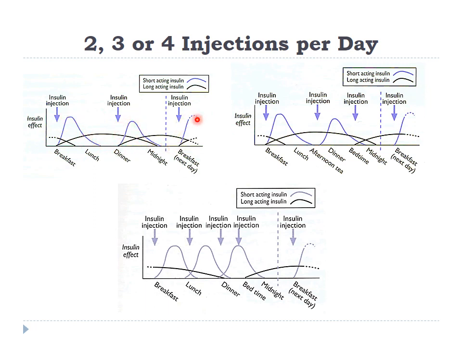Also, do you have a peak that corresponds with meals? Yes, you do. Okay, in all 3 of these. So what we have here is patterns for injectors of how many insulin injections they will have per day. It will depend on what long-acting insulin they're using and how often they eat.